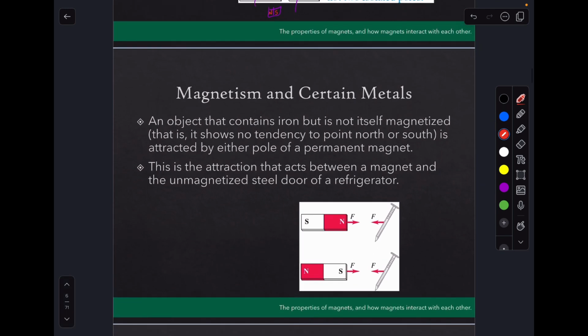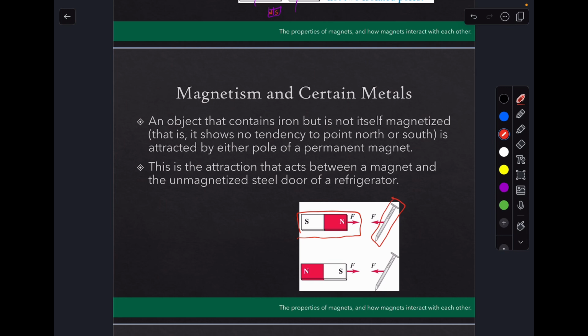So the third observation is that magnetic objects can attract non-magnetized objects, okay? So for example, this bar magnet, which has a north and a south pole, if you bring it near a metal object that is not magnetized, okay, meaning it doesn't have a north and a south pole, it's just a piece of metal, right, that itself, this nail would not attract another nail, but magnets will attract it, okay?